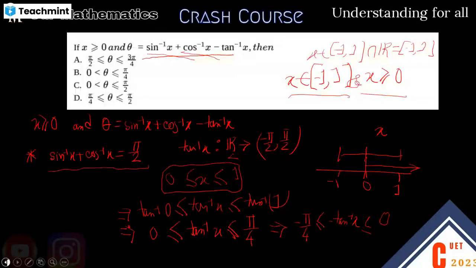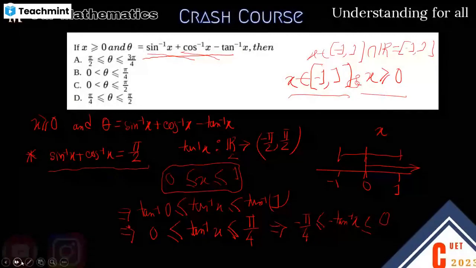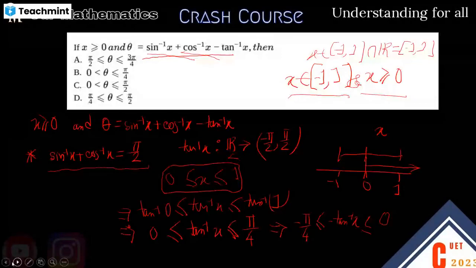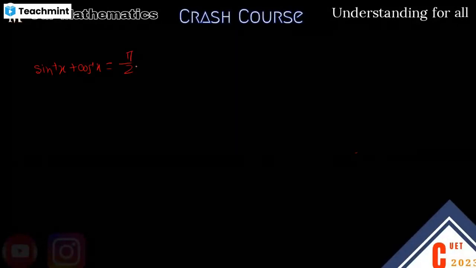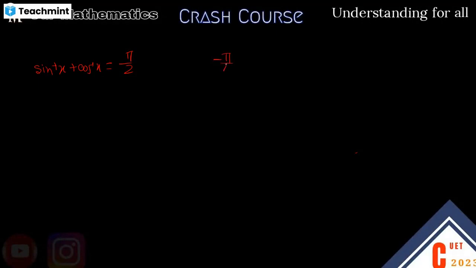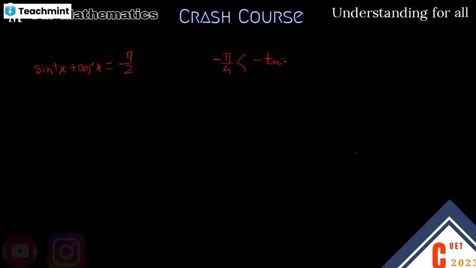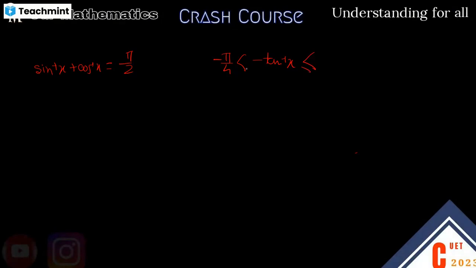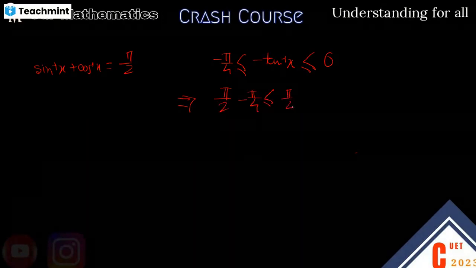Just a minute. Okay, first we have sin inverse x plus cos inverse x is equal to pi by 2. Minus pi by 4 is less than or equal to minus of tan inverse x is less than or equal to 0. If we add pi by 2 on all sides, we get pi by 2 minus pi by 4 is less than or equal to pi by 2 minus tan inverse x.